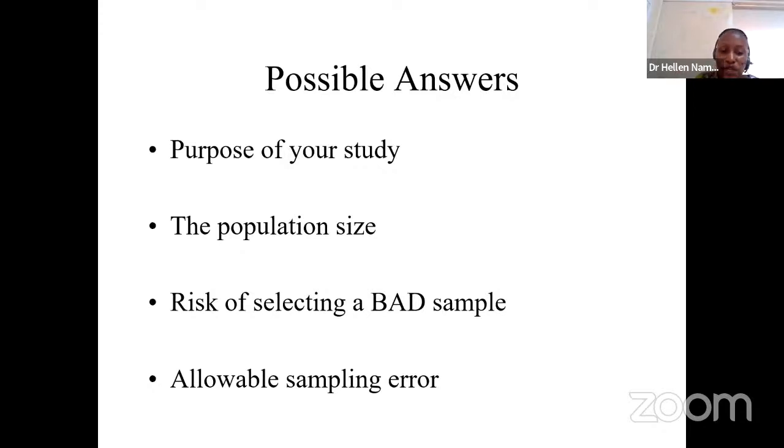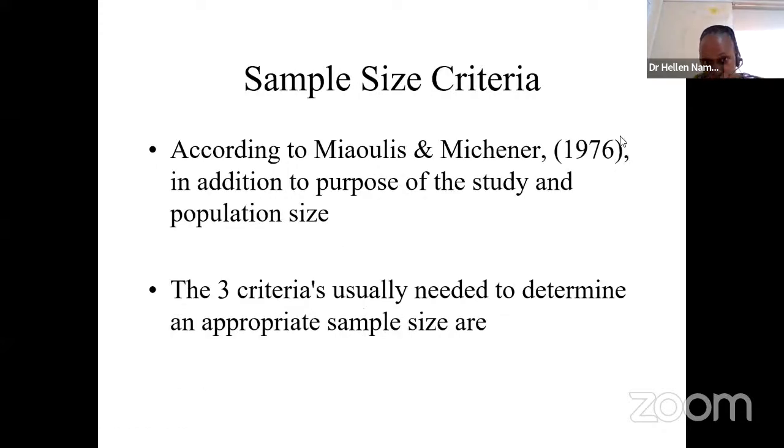And then also the risk of selecting a bad sample can affect how you select your procedure. And then what is the allowable sampling error, or call it the acceptable error, or the allowable margin of error? Remember what we are saying, we are trying to keep it as low as possible.